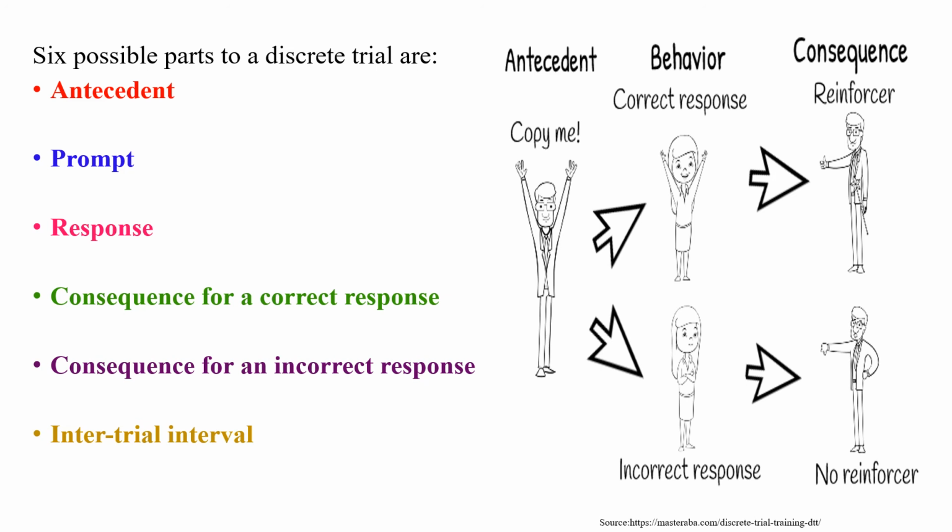See, that is being explained in this picture. Antecedent is the child has to copy the teacher. Correct response is rewarded. Incorrect response is not rewarded. That is what is error correction. So once that error correction is made, the child will slowly learn through the antecedents and will begin to give correct responses.